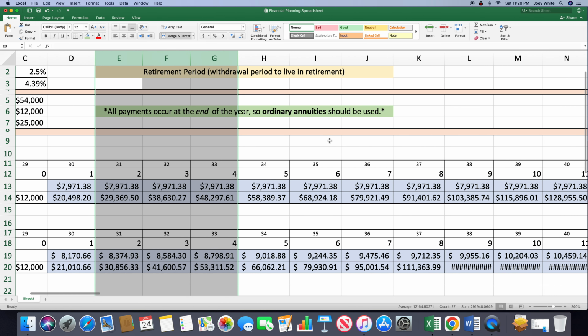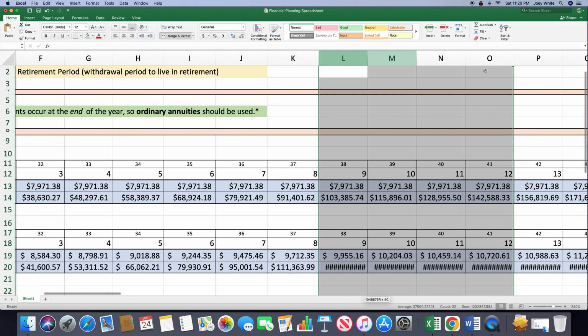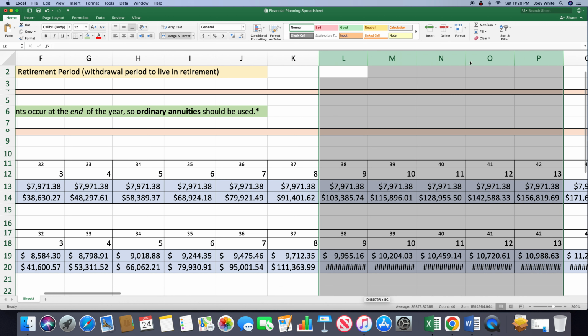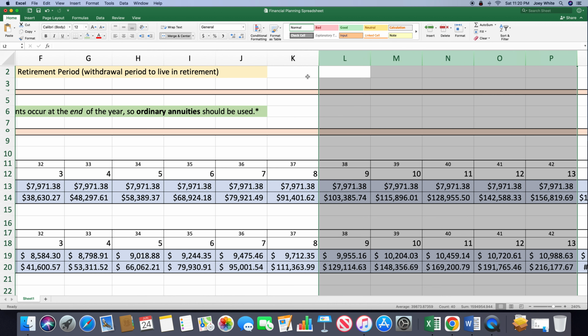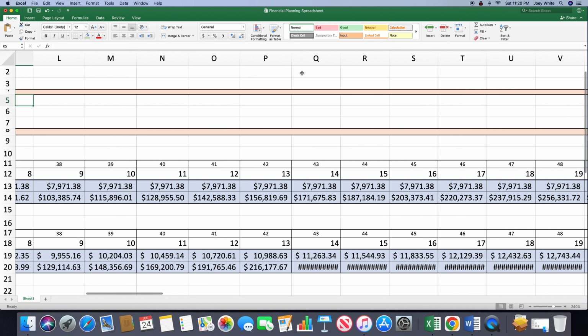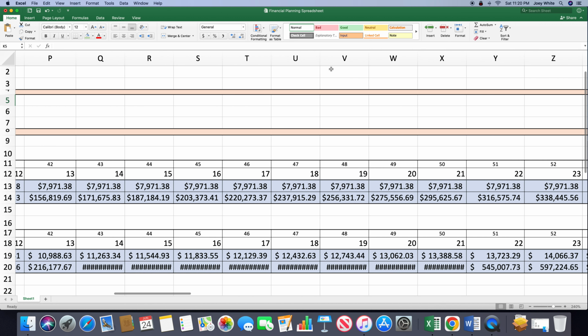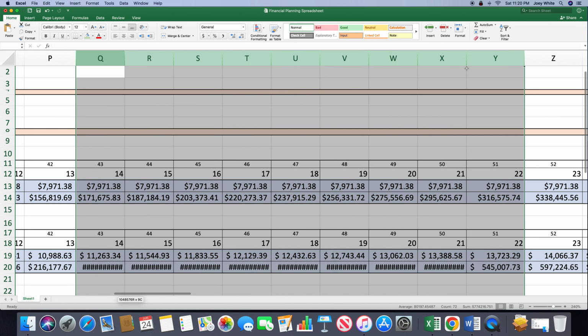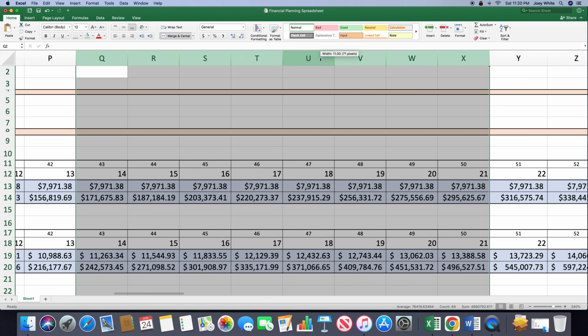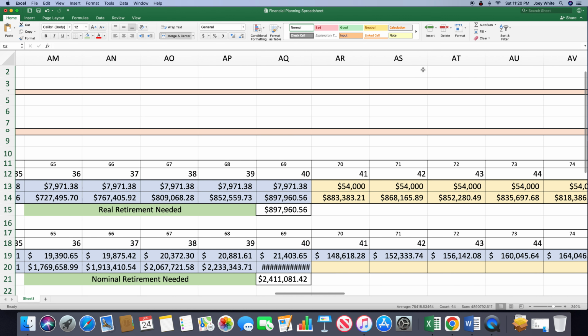Basically, the number's just too big, so that means the cells have to be expanded. When it gets those hashtags, it's just telling you to expand the cells, right?